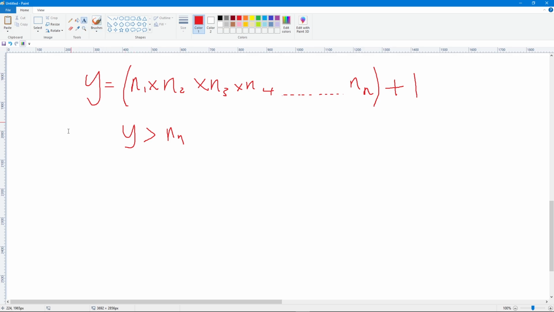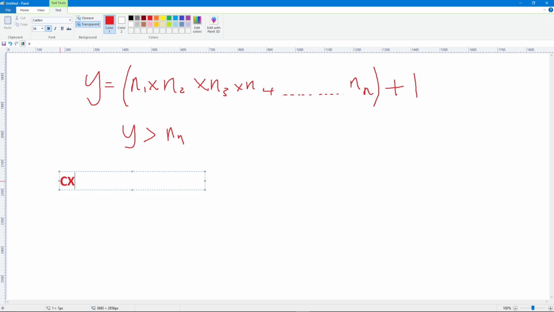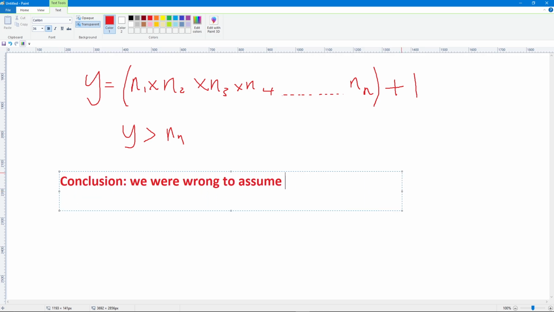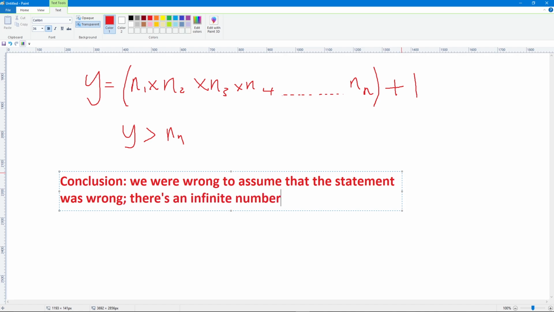This is clearly a contradiction. The conclusion: we were wrong to assume that the statement was wrong. There's an infinite number of primes out there.